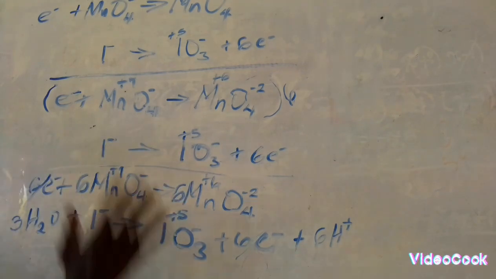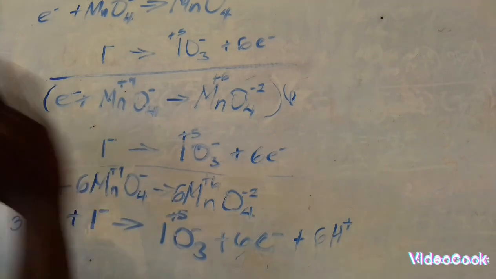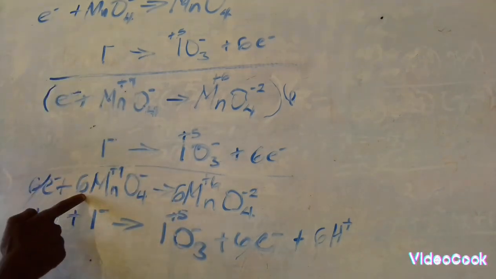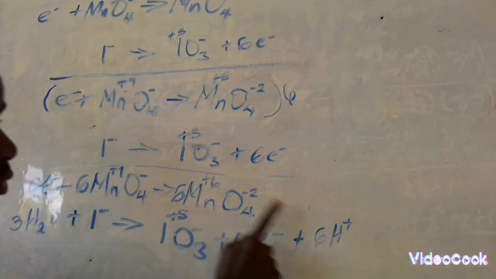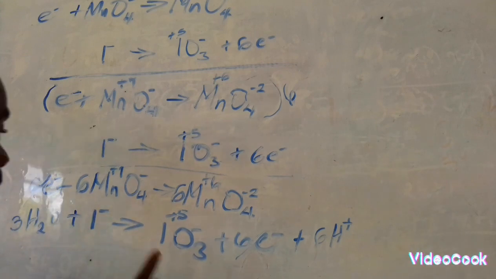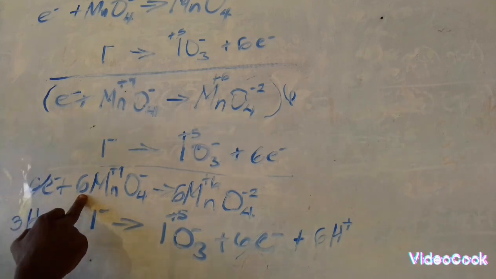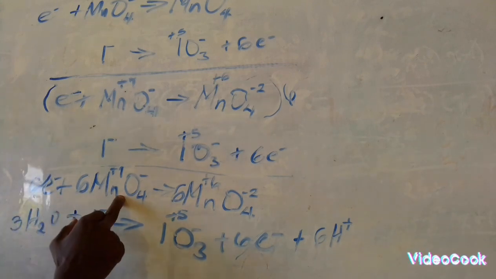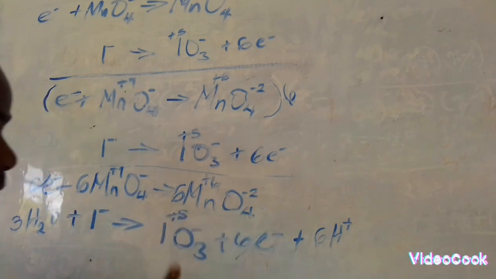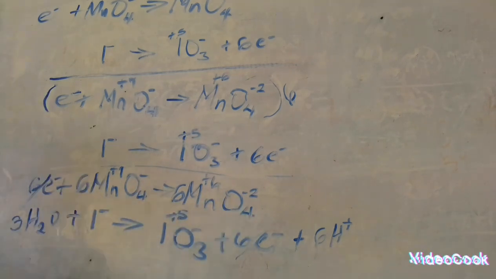All this is called balancing a redox reaction. So we come here. The electrons have cancelled. We have 6 manganese and 6 manganese, 24 oxygen and 24 oxygen. That means it is balanced, and our charges are balanced as well.